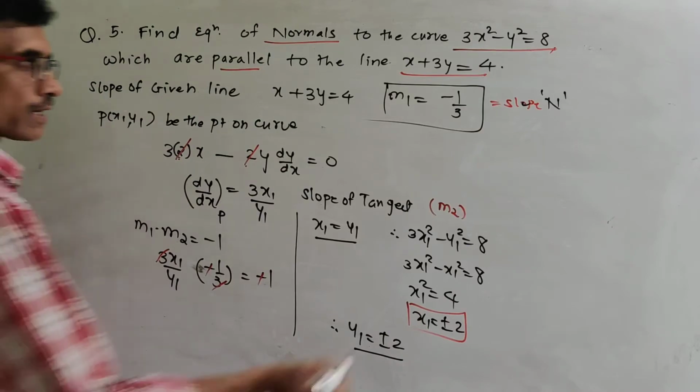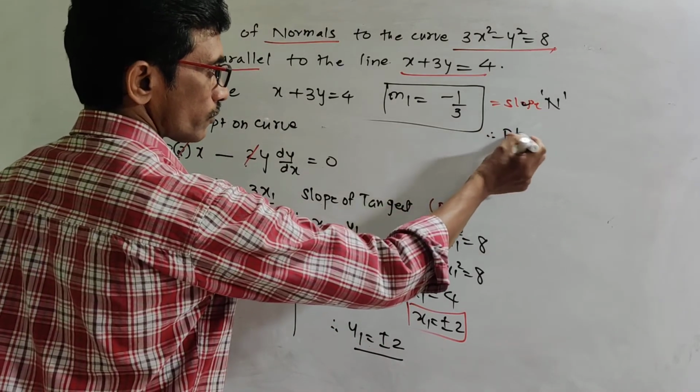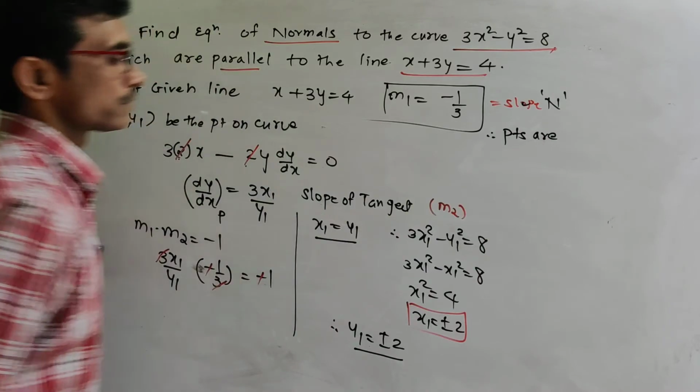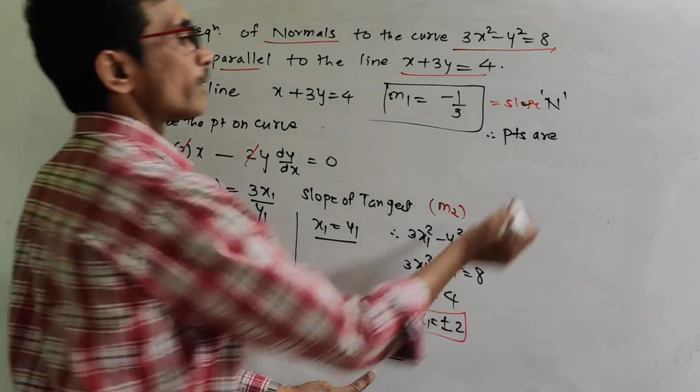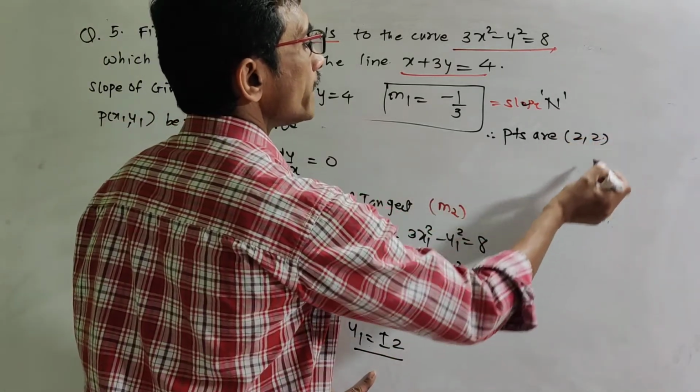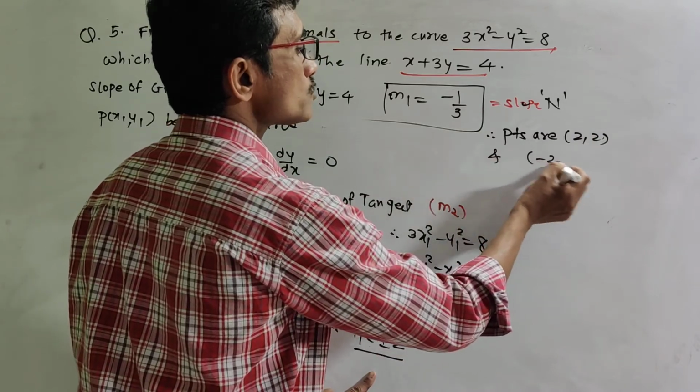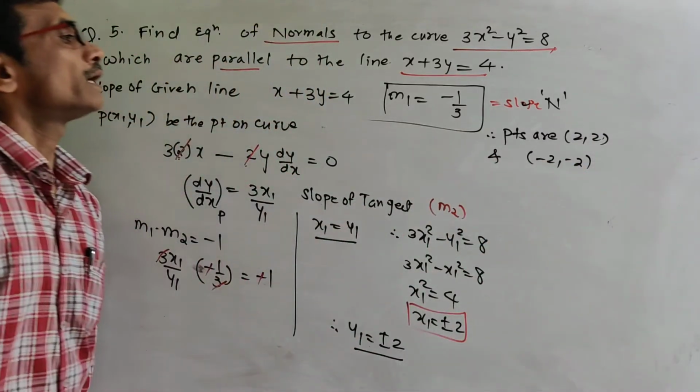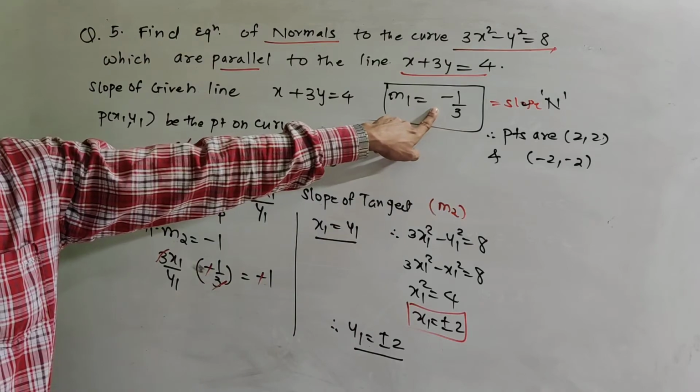That means the points are 2 comma 2 and minus 2 comma minus 2. And the slope of normal is minus 1 upon 3.